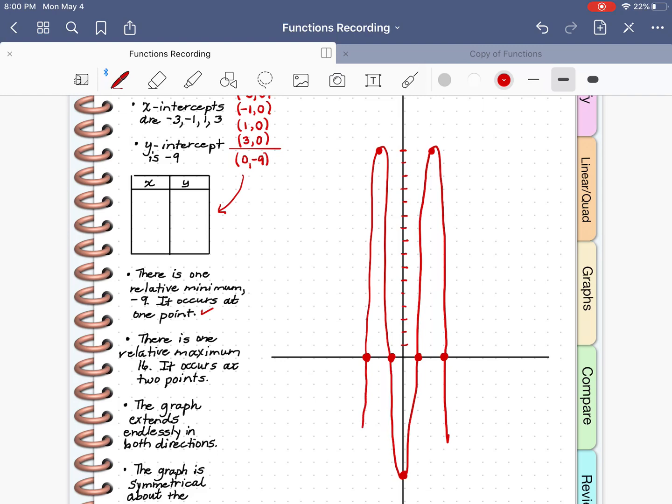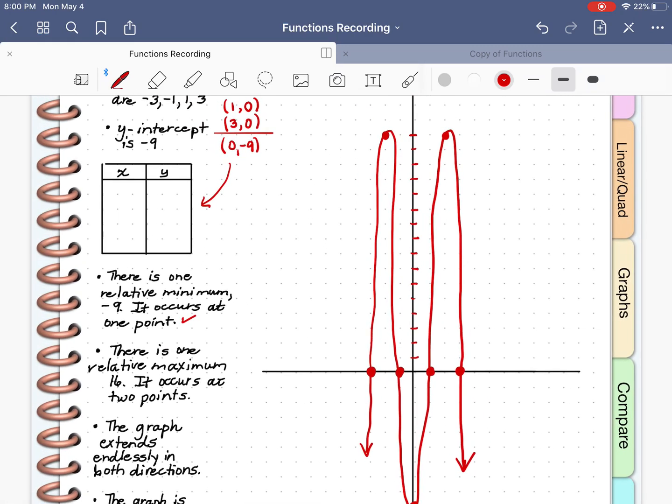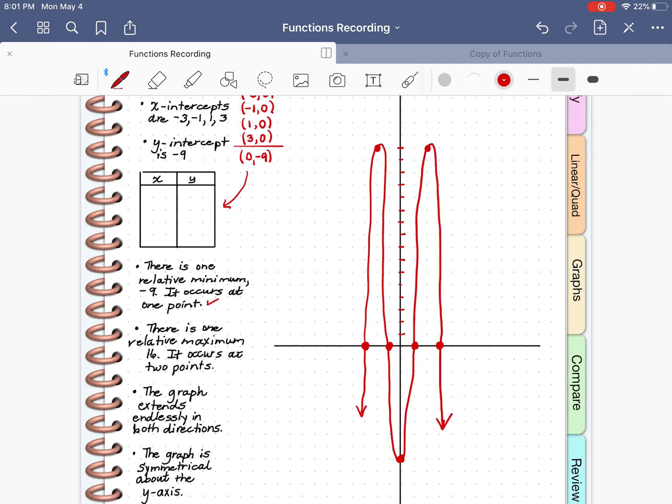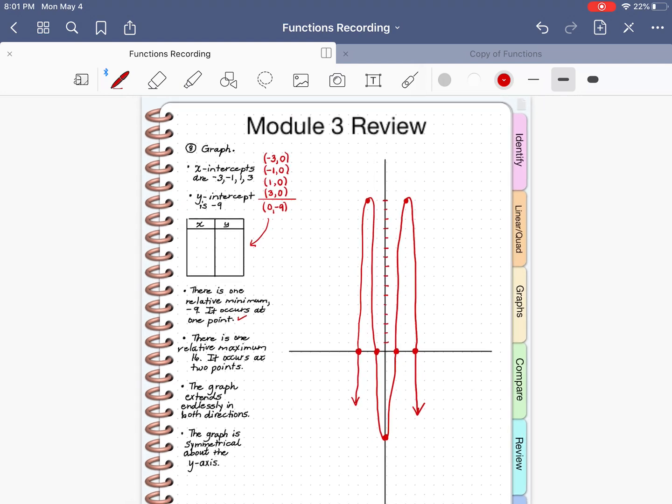Okay, so we've got that end behavior. It's something like that. And their picture is much better than mine. But that fits the description of those elements of a graph. Again, don't worry about this one. You are not going to have to draw this on a test.